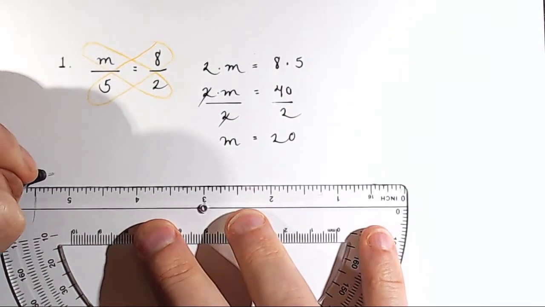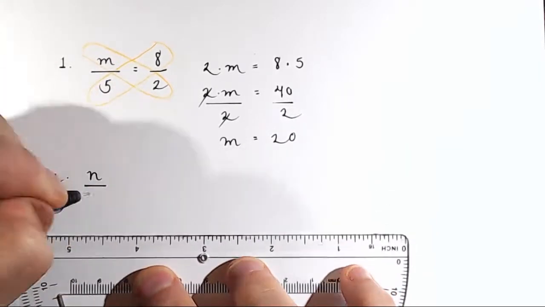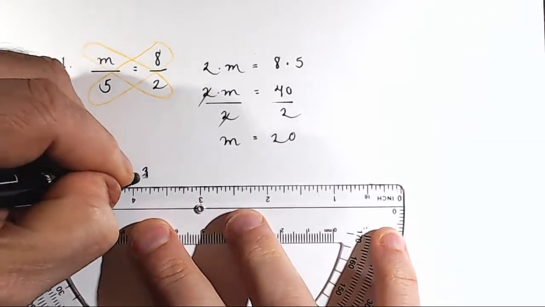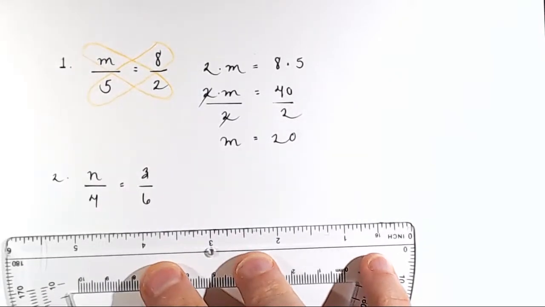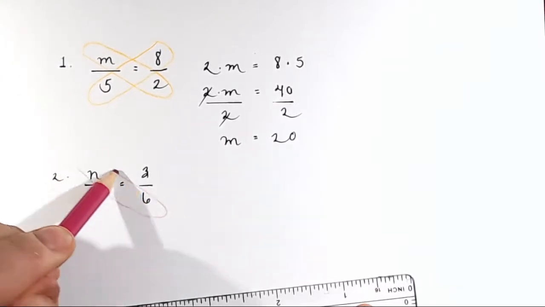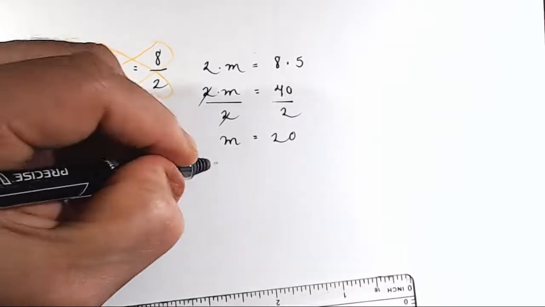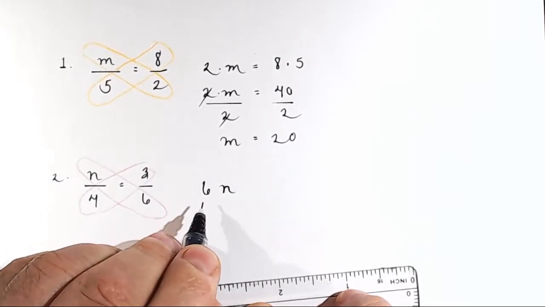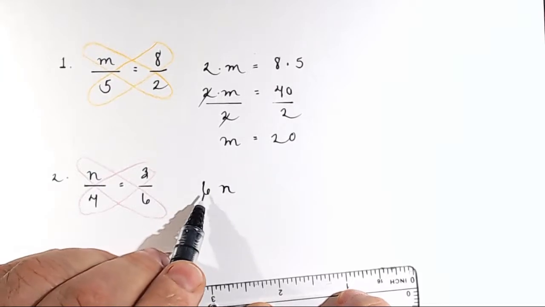Let's move on to number 2. We're given n over 4 set equal to 3 over 6, and we're asked to solve this proportion. We will solve this proportion by doing butterfly. And that gives us 6n. Remember, out of deference to the aesthetics of mathematics, we just put the 6 up front.